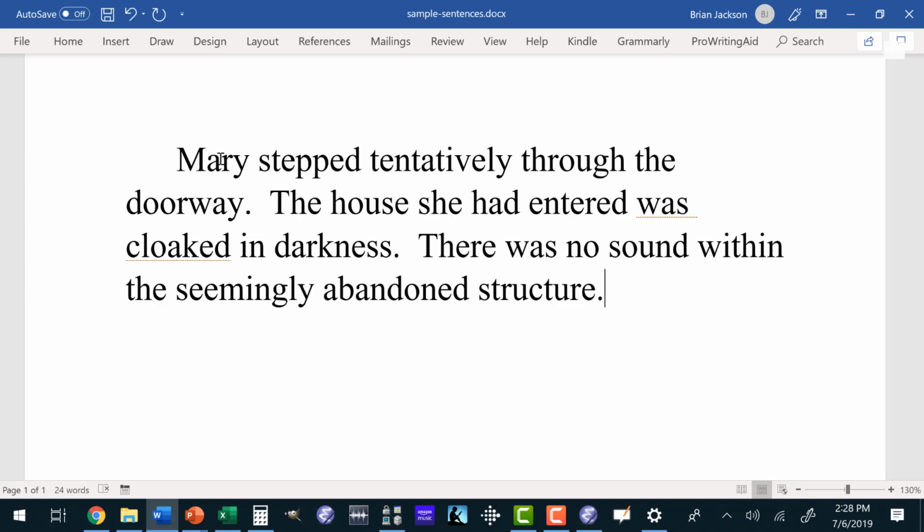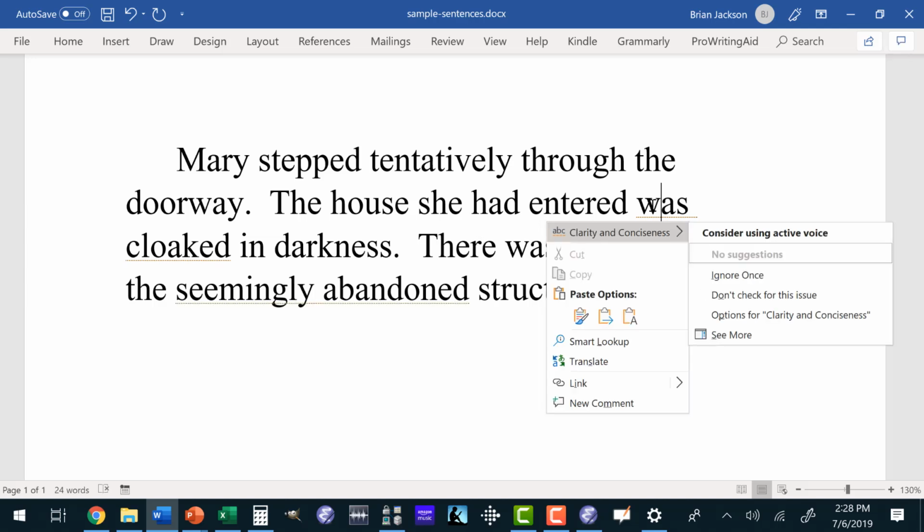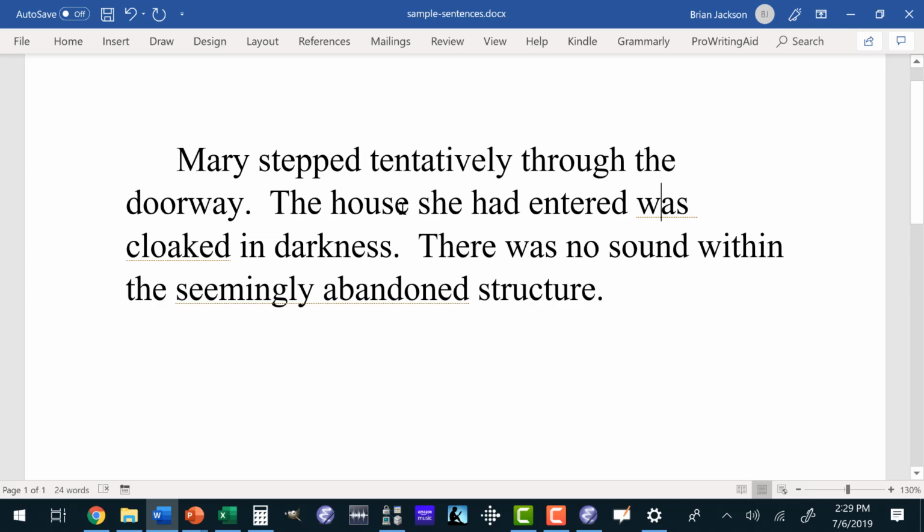Now, another thing that I just noticed is, look at this. The house she entered was cloaked in darkness. Now, was cloaked is being highlighted by a word here. And why do you think? Because it's passive voice. So they're saying, consider active voice here. How would you do active voice? I like passive voice quite often for things like this.